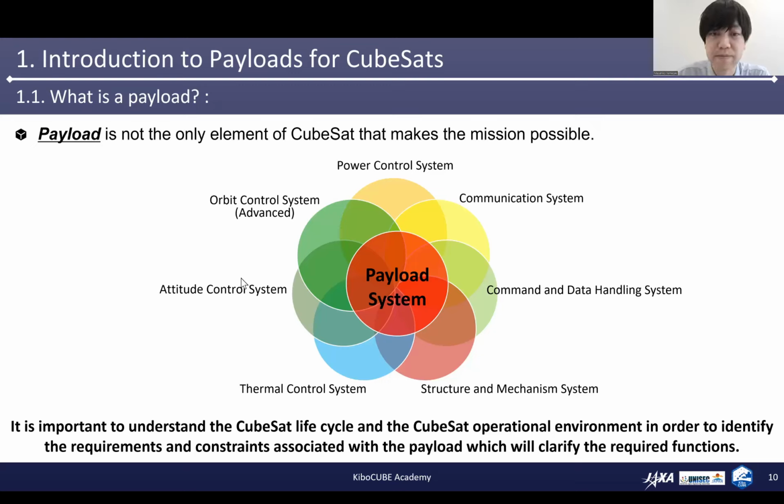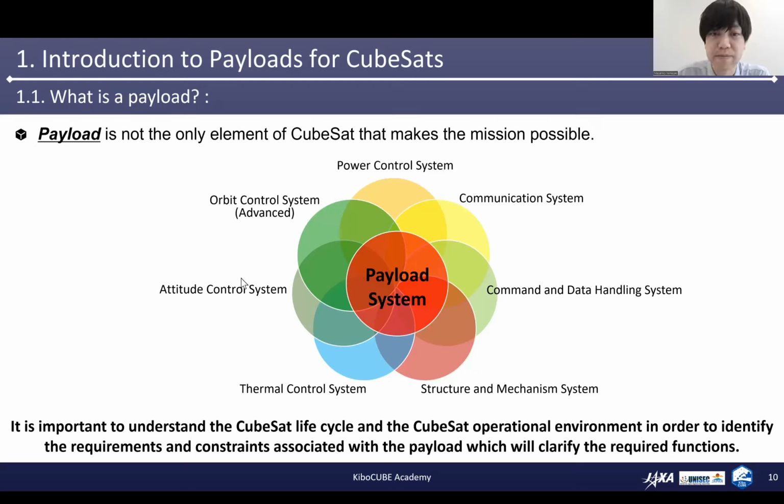A CubeSat must conform to specific criteria that control factors such as its shape, size, and weight. This affects resources such as size and power available for payloads. The specific standards for CubeSats help reduce costs.